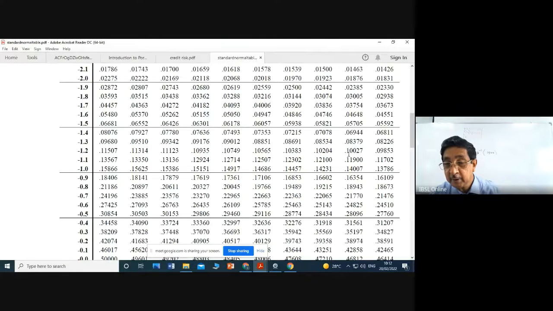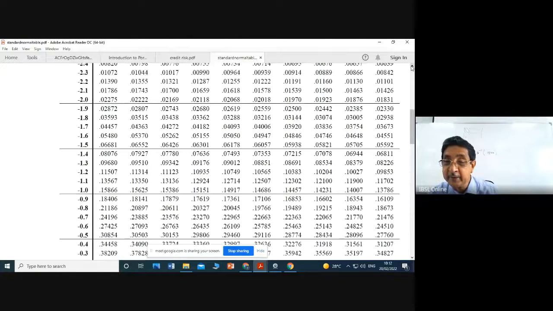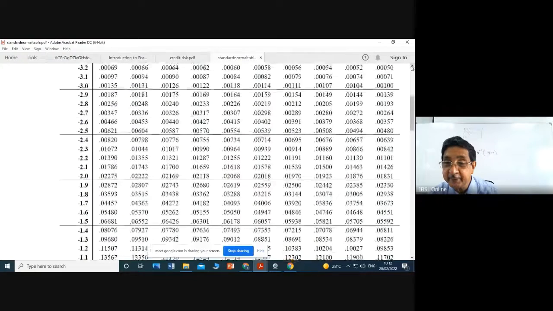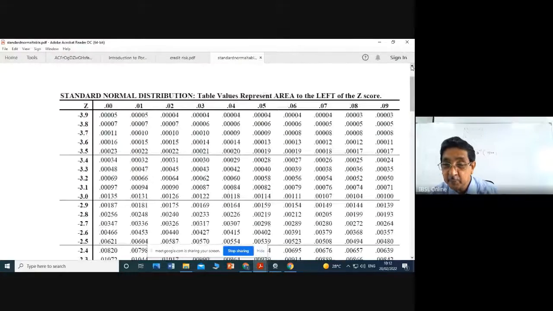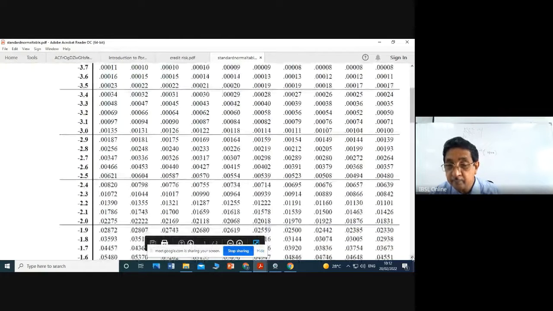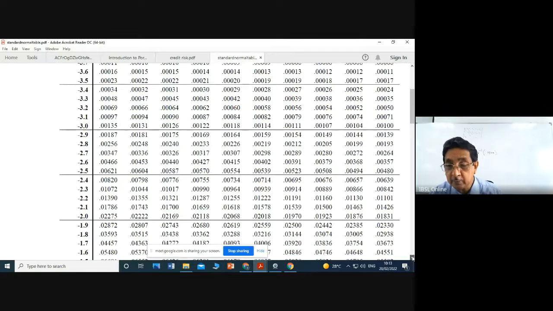Here you get 0.10027 and 0.09853. So I think of course you can just take this as 0.10, because it's a very, very small distance. So therefore you can take it as minus 0.10.